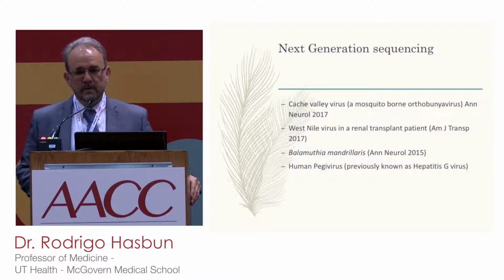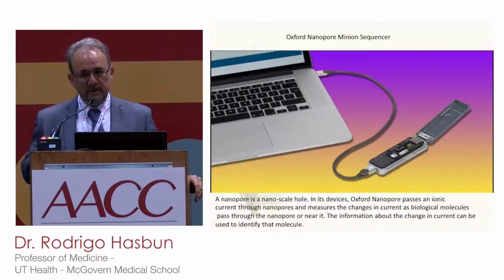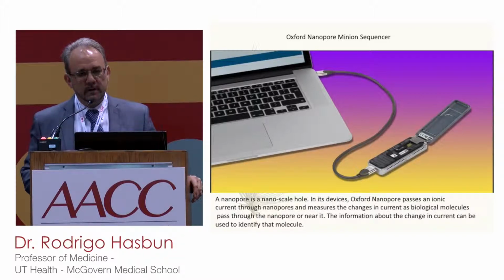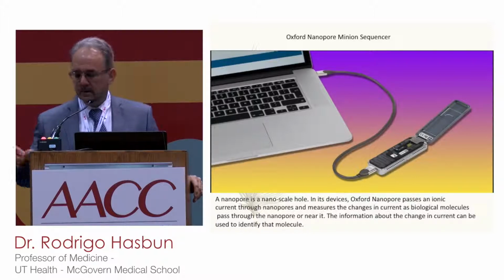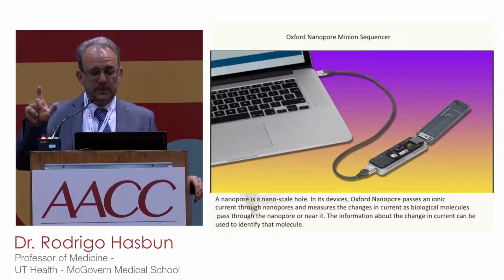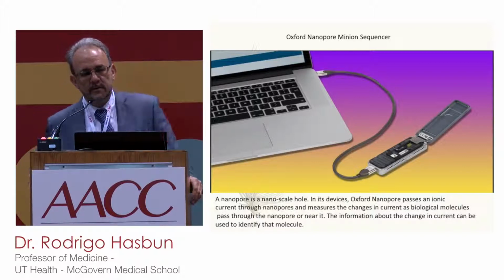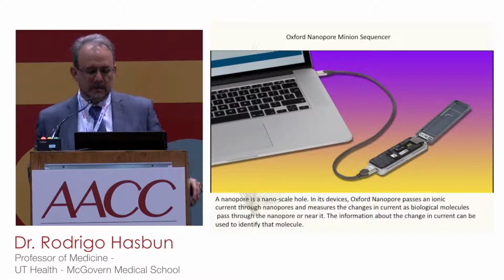And I'll just finish up with this. This is a very nice technology. The Oxford Nanopore MinION sequencer is that small. It's like this. And it's $1,000, not expensive. You can actually do high throughput sequencing with this device. Each cartridge costs $500, but you can get it for $350. You get several of them.